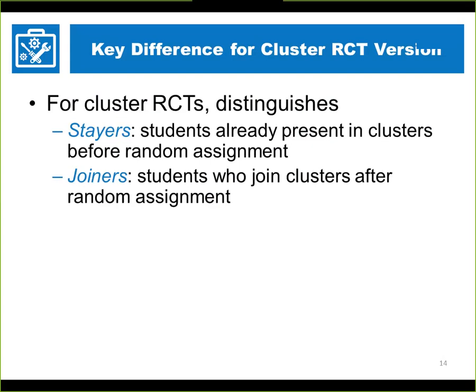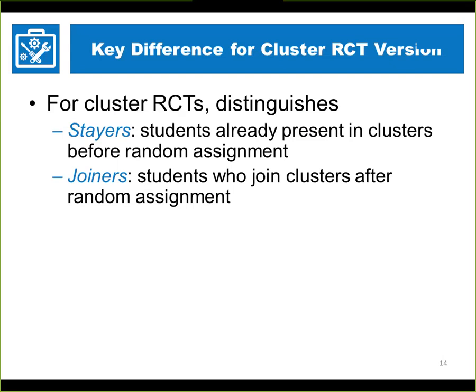These students are called joiners, while other students are already present in the clusters before initial group assignment, and these students are called stayers. In cluster RCTs, students joining clusters after random assignment can bias the estimate of the intervention effect if those who enter intervention clusters differ systematically from those who enter comparison clusters.